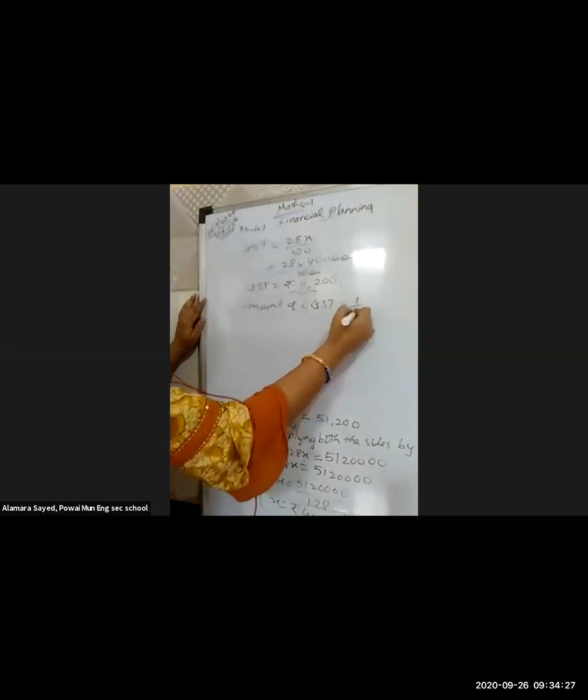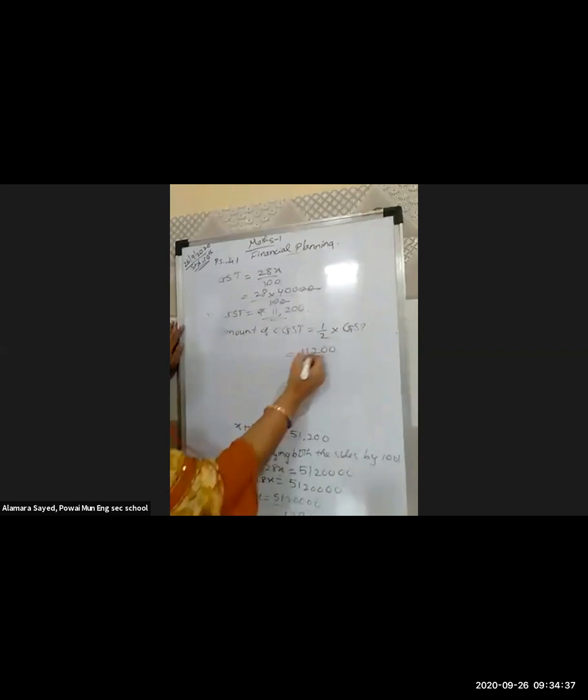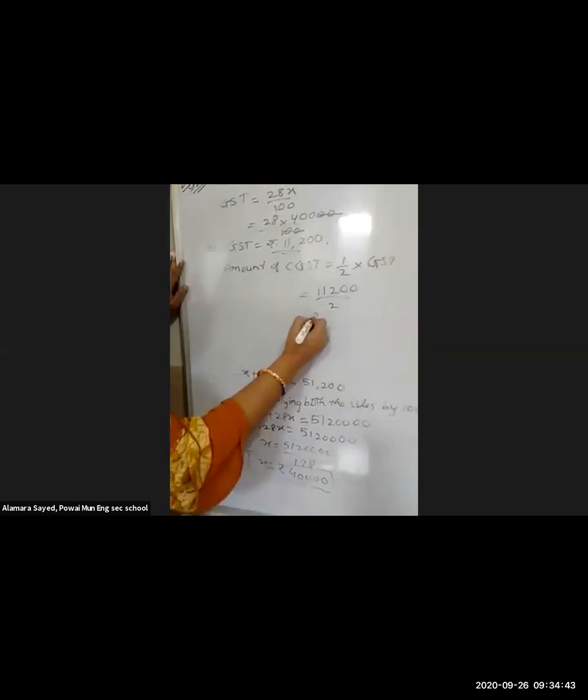Then fifth is what? Amount of CGST. If we get the amount of CGST, we will also get the amount of SGST. We have seen that amount of CGST is half of GST. As we have got the amount of GST as 11,200, we will directly take half of 11,200, that is rupees 5,600.